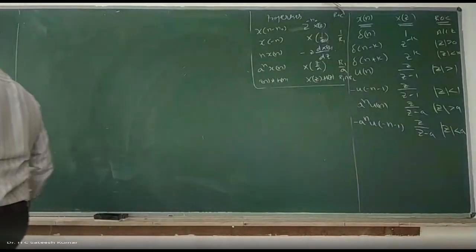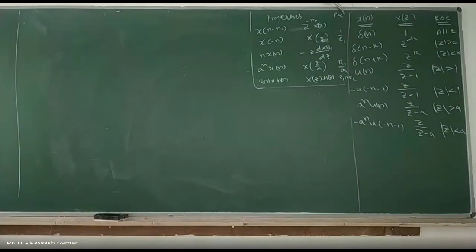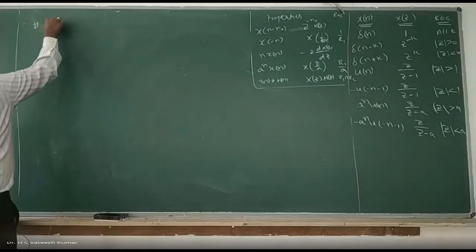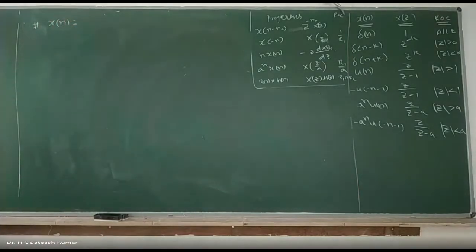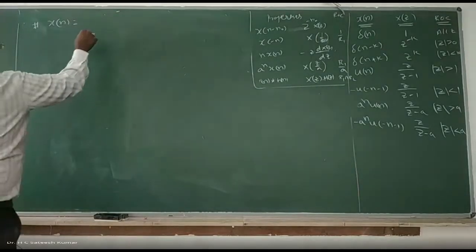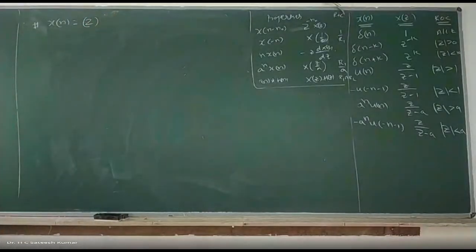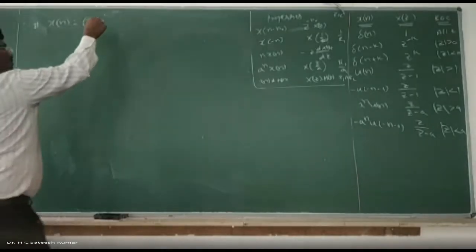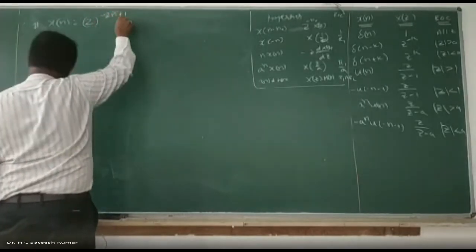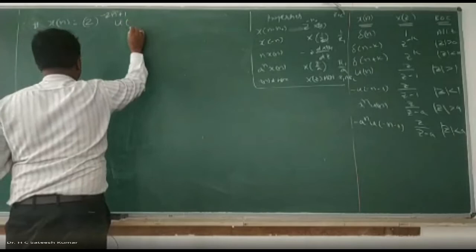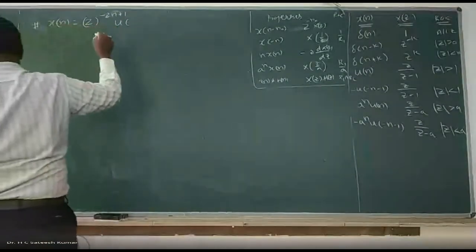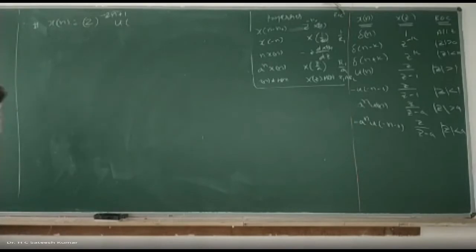Okay, right. Now, go for one more problem. Find the z transformation of x of n is equal to 2 to the power of minus 2n plus 1 into u of minus n plus 2.